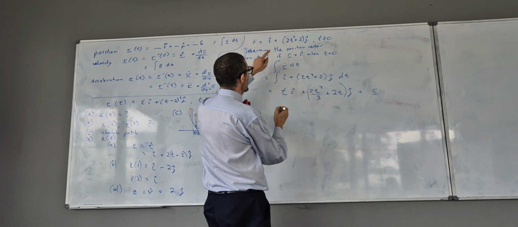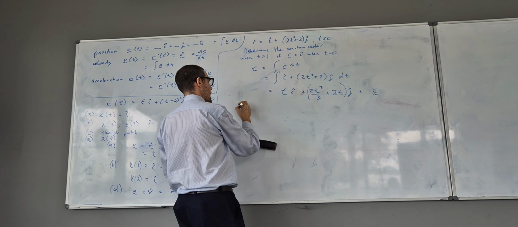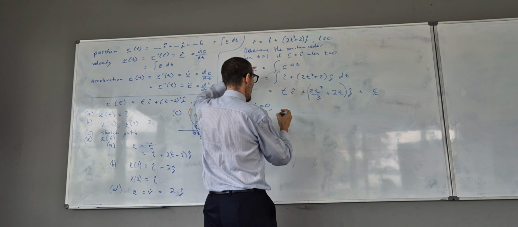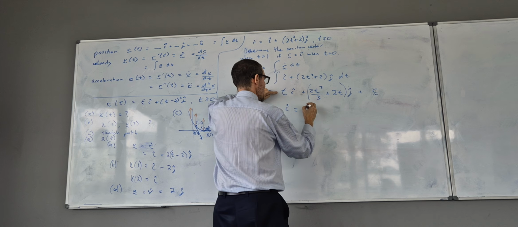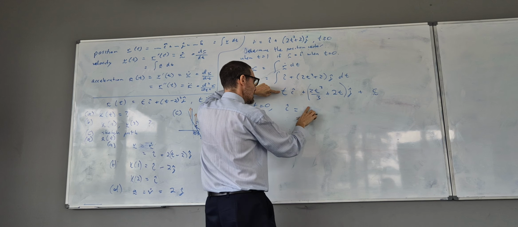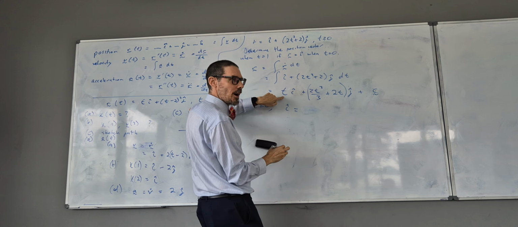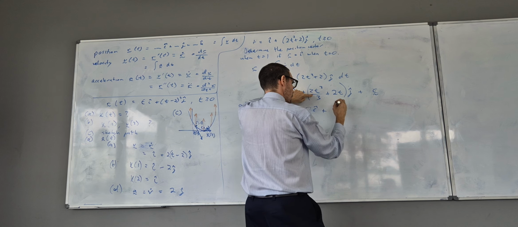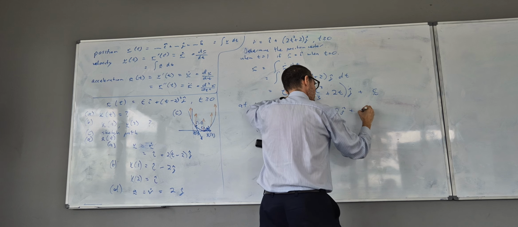Okay, what do I know? At t equals 0, r equals i hat. t is 0, so I've got no i hat plus 0 j hat plus c.